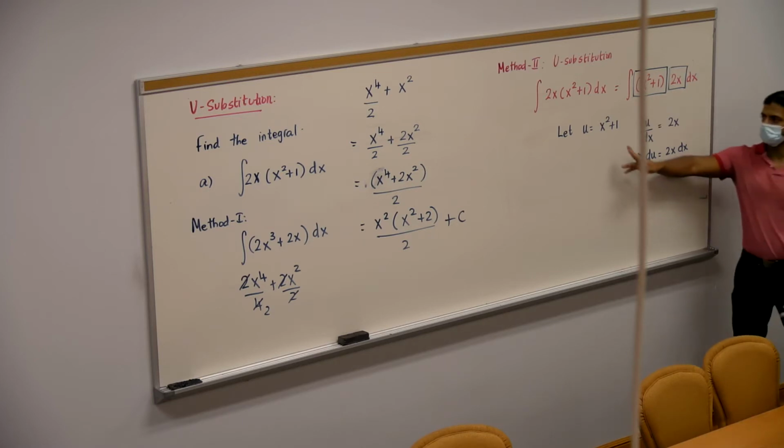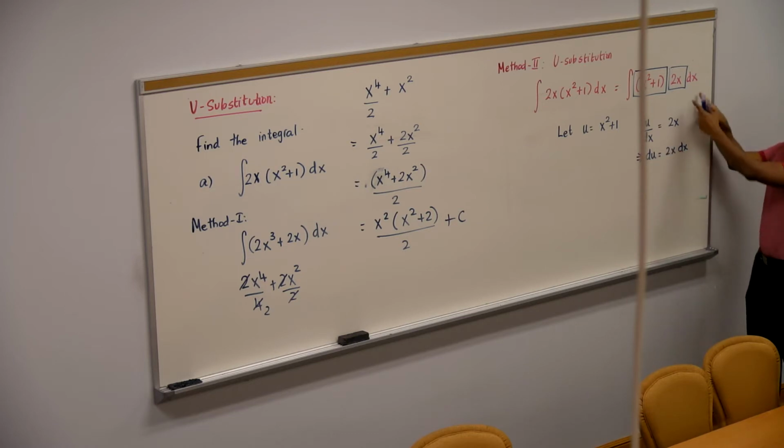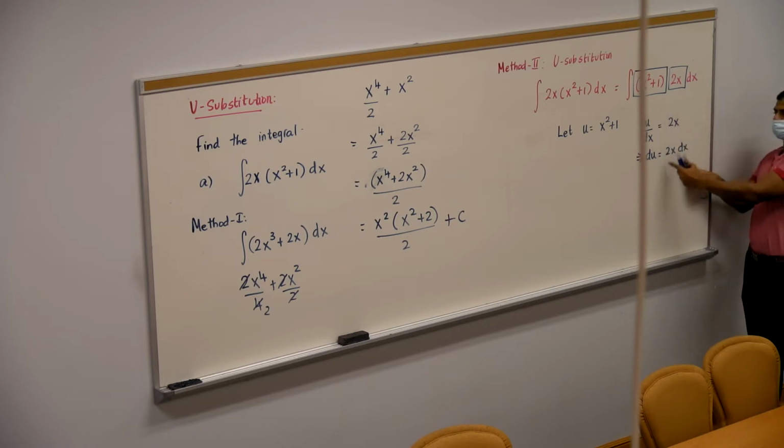So by carefully choosing u, when I took the derivative, I got the remaining part of the integral, which is 2x dx. If you pick the wrong u, then you're going to end up in trouble.